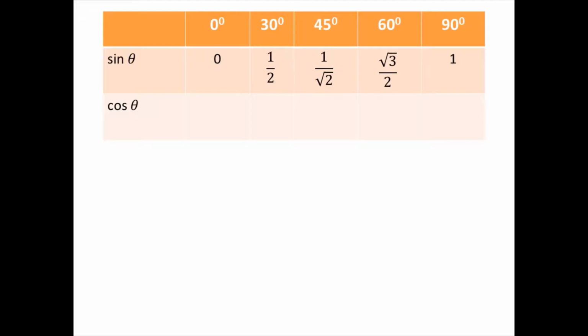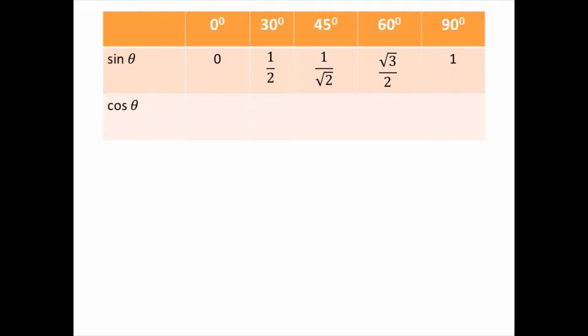Okay, cos theta. Cos theta is just the reverse of the sine theta. Remember this, cos theta is just the reverse of the sine theta. So we will write the cos theta values starting with 1 and ending with 0. Okay, so we'll write in the reverse order of the sine values. So first value, the sine 90 is what? 1.